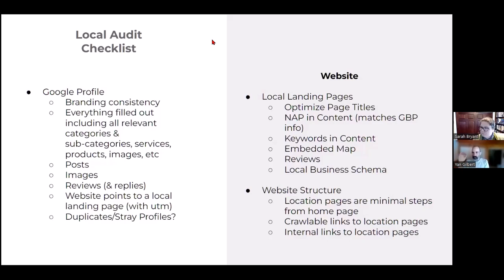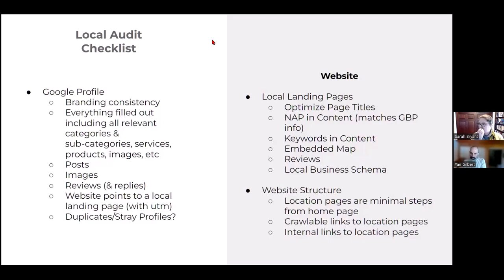You want to make sure that all the categories you have on your listing are represented on your landing page, and that each category has its own page, at least one-to-one matching. There are a lot of things to do on your website that still affect the maps. Because people don't go to your website anymore, it's not as important, I don't want to put as much effort into that.